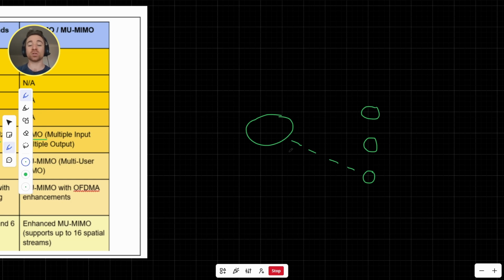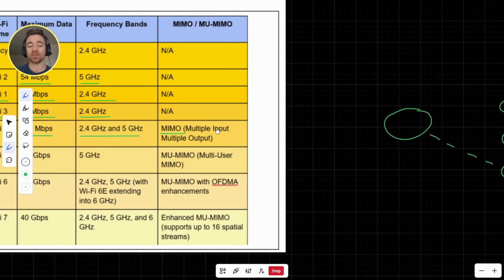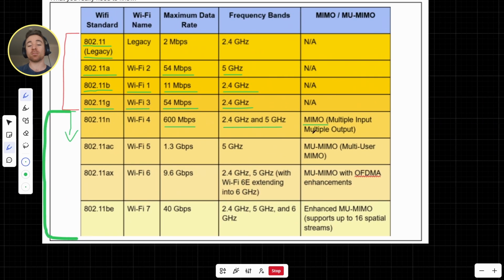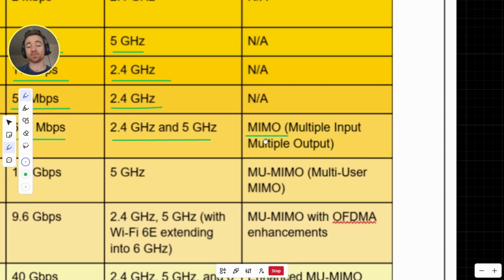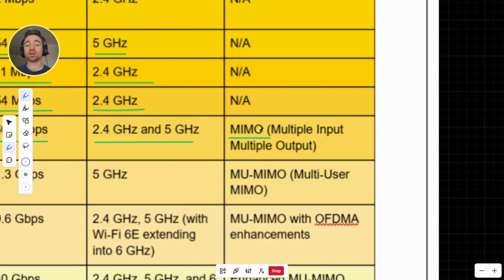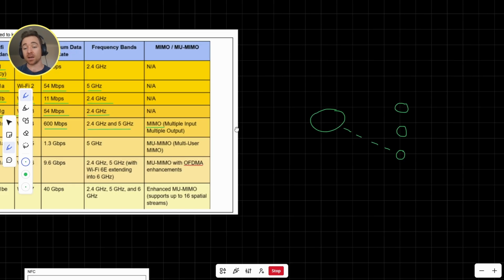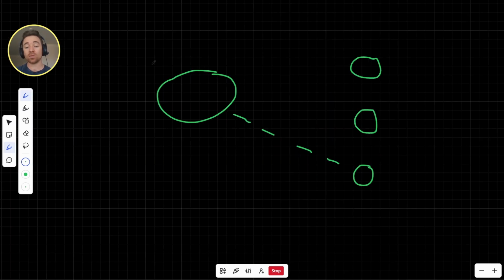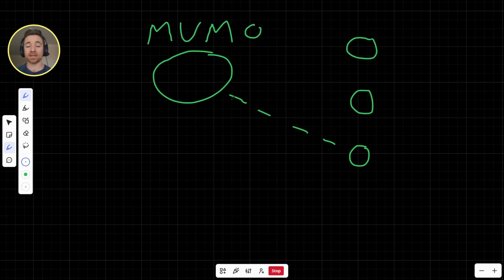So one person could send data back and forth at a time. However, with multiple in, multiple out, the router could still only communicate with one person at a time, but what they had now was more than one antenna.